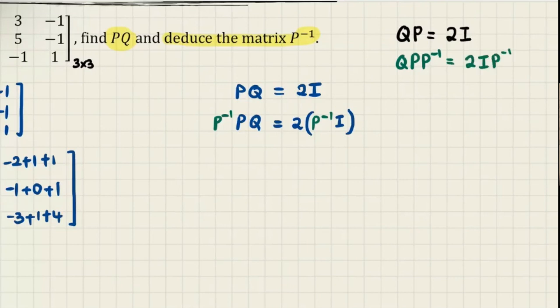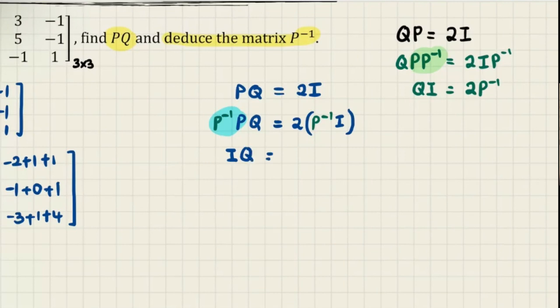So ini sebab dia bersebelahan, so dia automatic akan jadi I. So identity darabkan dengan any matrix, dia akan dapat that matrix. Okay. So kat sini maksudnya these properties, so P inverse P, kita akan dapat I.